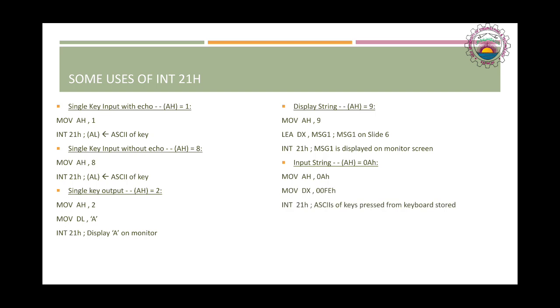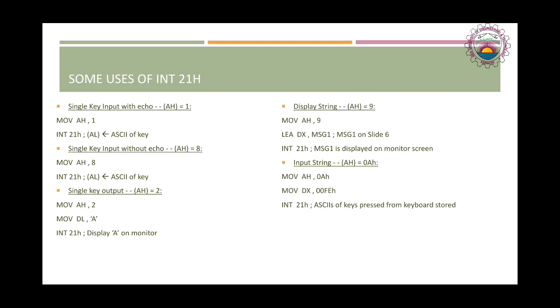The next function is to input a string from the keyboard. For that, AH should have 0AH, and after that you have to move the starting address for the string in memory into the DX register. So we have moved FE into the DX register.